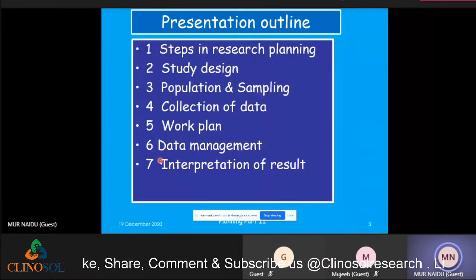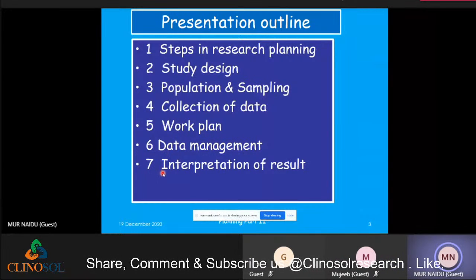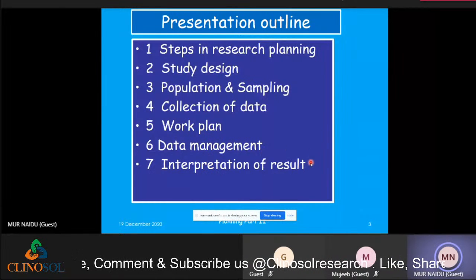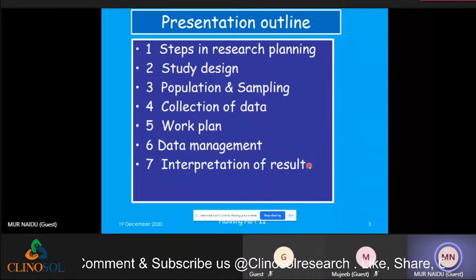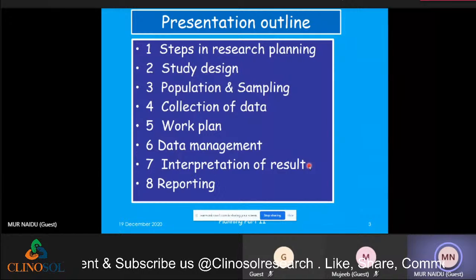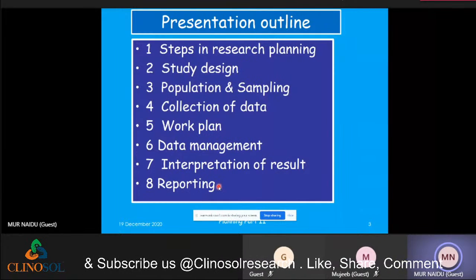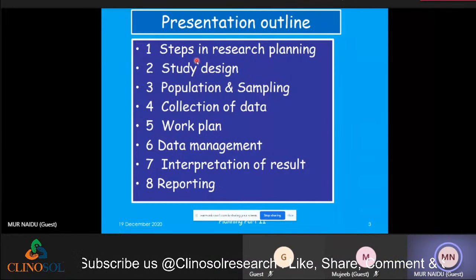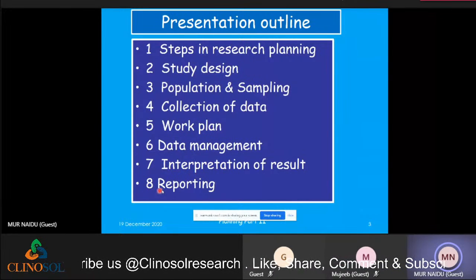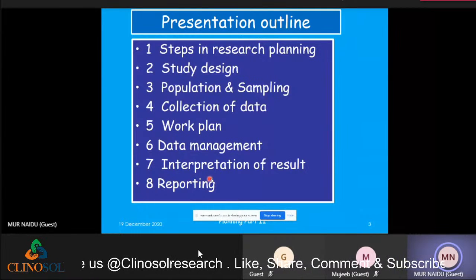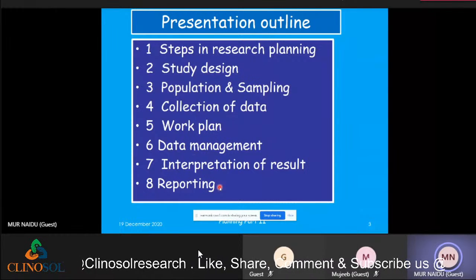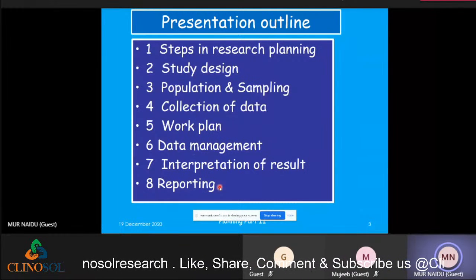Finally, when everything is done, the most important thing is the proper and correct interpretation of the results. The seventh and last part of any clinical research is report making. These are the steps I am going to cover. Most probably I will not be able to cover reporting in detail because it is itself a very big chapter, and I will take some time for it later on.